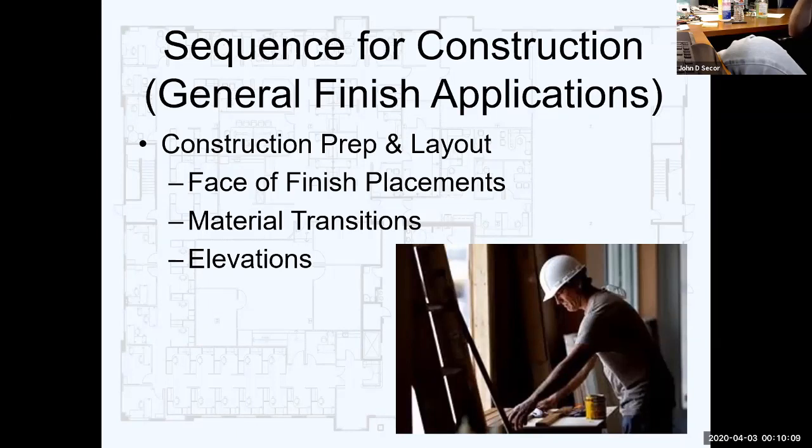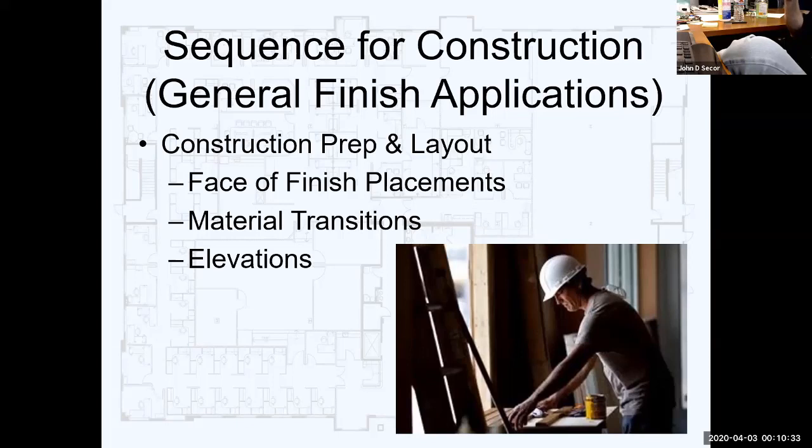So where the face of finish occurs is not just a left or right or up or down issue. What it means is that the material may be thick or thin. If it's a natural material, it may have a variation in it. And what if it's supposed to transition to a flat wood floor?